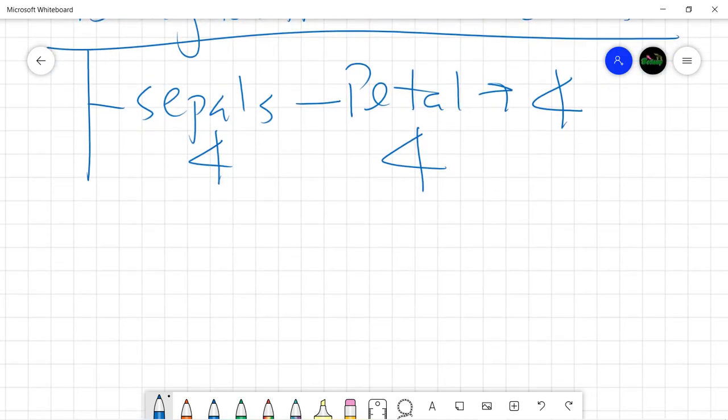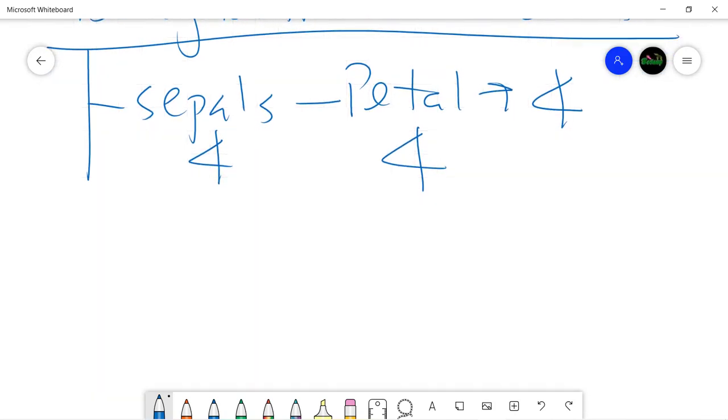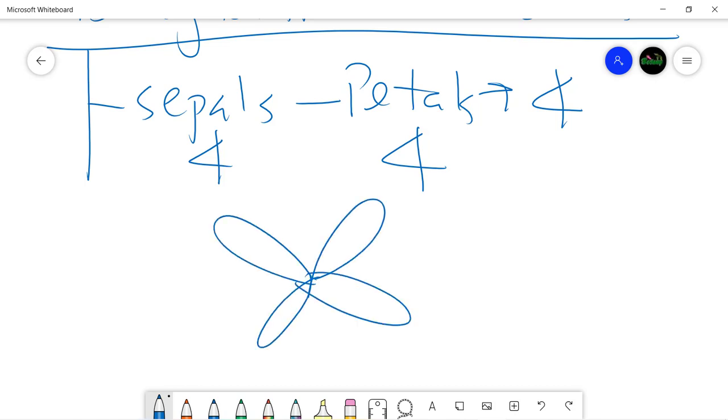Now this is not something very special, having four petals or four sepals. The special thing about this family is that these sepals or petals are arranged in a cross, like this. So this is its speciality. So they form a cross-like structure.